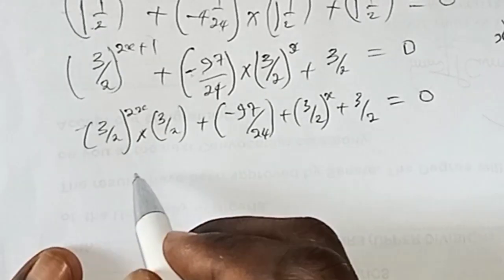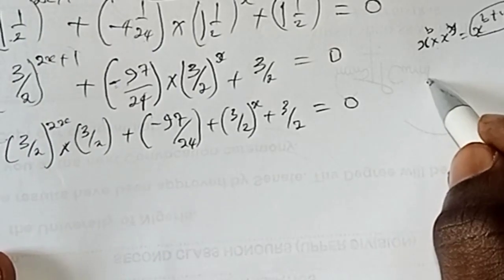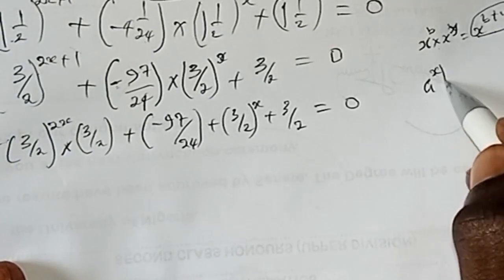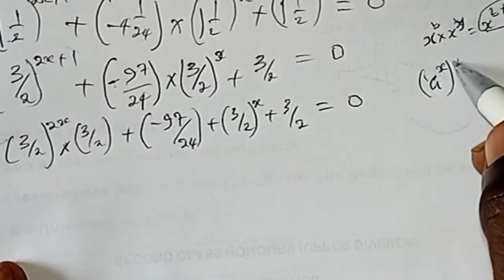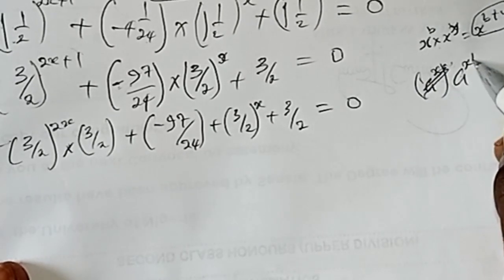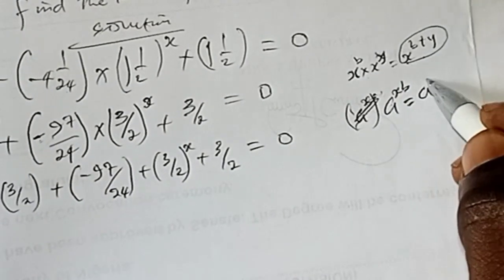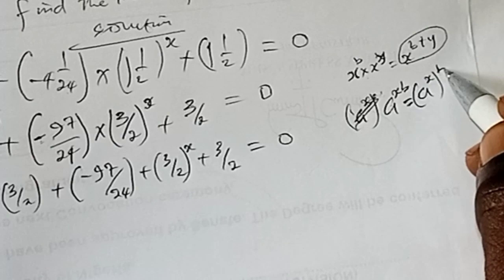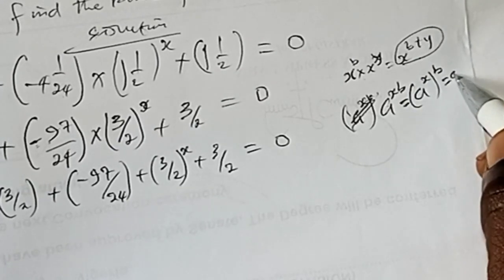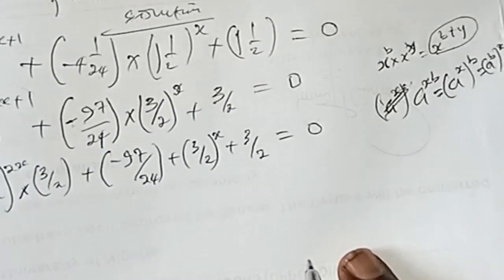The next thing I will do, same law of indices: if you have a^(xb), you can write this as a^x raised to b, or you can also write it as a^b raised to x, so whichever one works.